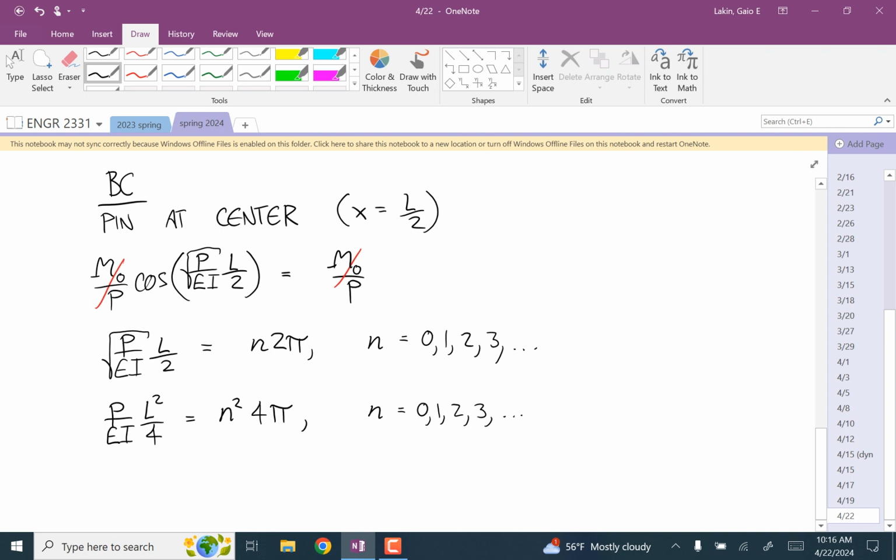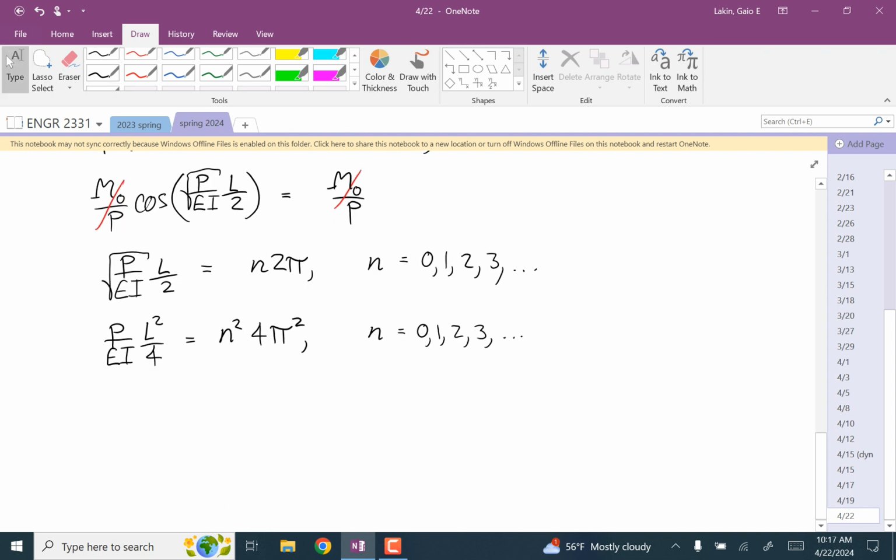Yes, thank you. And so P critical, if we take n equals 1, the lowest non-trivial solution, we get 16 EI pi squared over L squared.